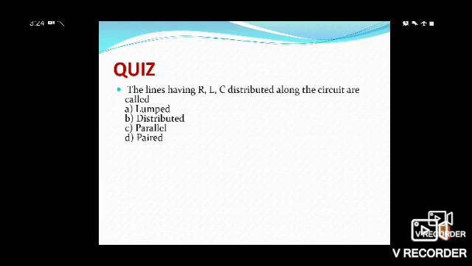The first option is lumped, the second option is distributed, the third option is parallel, and the fourth option is paired. So which one is the correct? Please note this question.